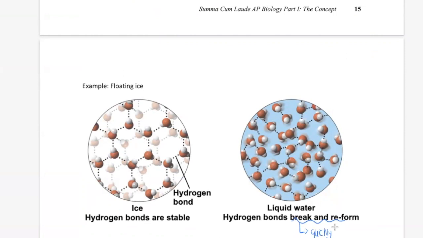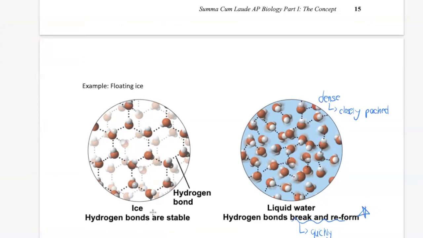This happens at an intensely fast rate, and the same hydrogen bonding is not being kept consistently. It's just breaking and reforming over and over between the water molecules. This makes the water very dense, because water molecules are closely packed because of the hydrogen bonds breaking and reforming at a very consistent and fast rate.